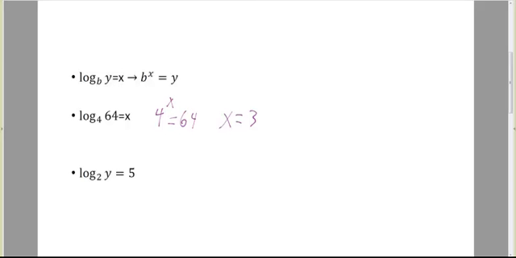The next example will be 2 to the power of 5 equals y. And so we just would multiply 2 out to get 32 equals y. As you can tell, most of the logarithms will be used in calculators because we are using numbers that we're not used to. As you get used to it, we'll use easier numbers for you, and then we'll move up.